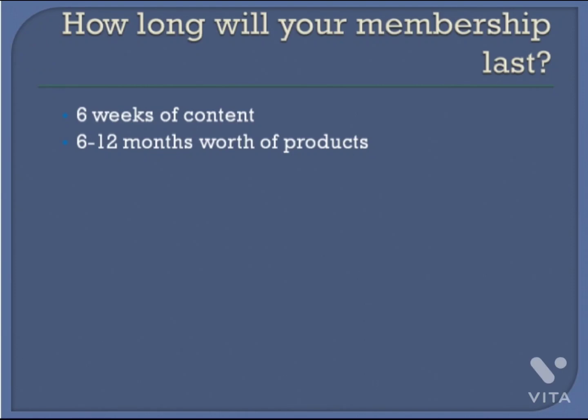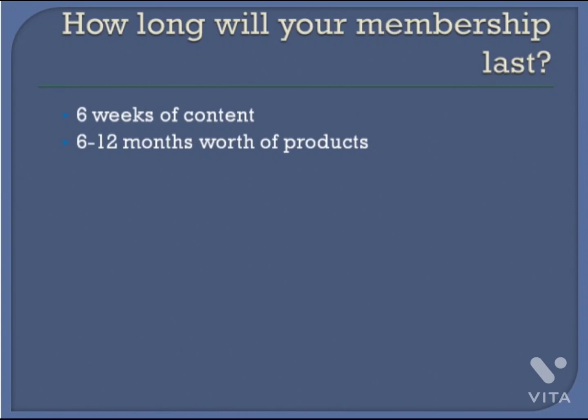For example, if your audience just wants super quick information, they don't want anything long, just 5 minutes of this and that, then maybe you could do a daily video of 2 to 3 minutes, something quick. So it really depends on your audience.